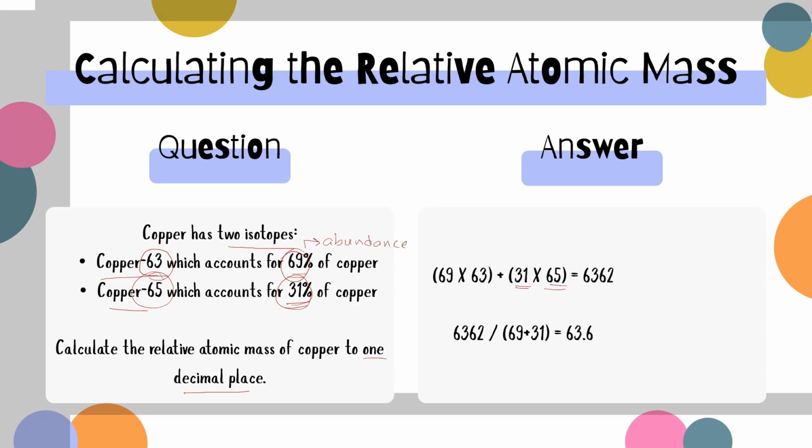The total comes out to be 6362. Then this 6362 has to be divided by the summation of abundance, that is 69 plus 31, which gives 100. So 63.62 will be our answer, but we want it in one decimal place, therefore our answer is 63.6.